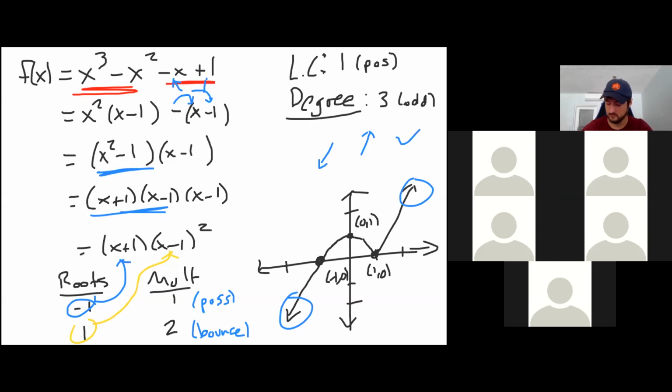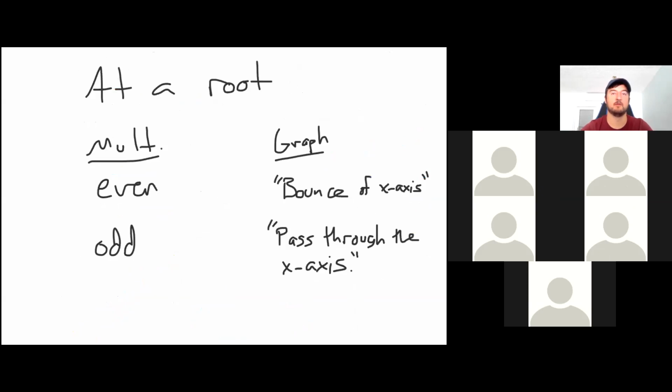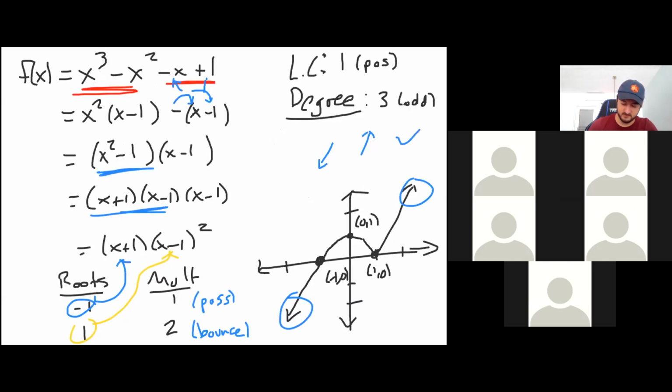Okay, cool. So again, it comes back to this. If our roots have an even multiplicity, that means it's going to bounce off the x-axis. If it has an odd multiplicity, it goes through.